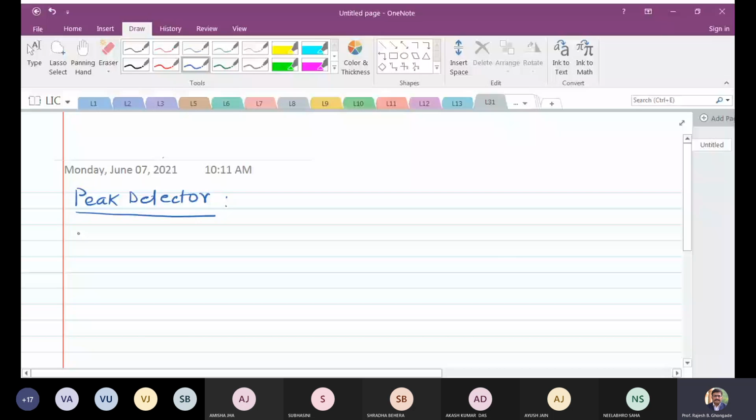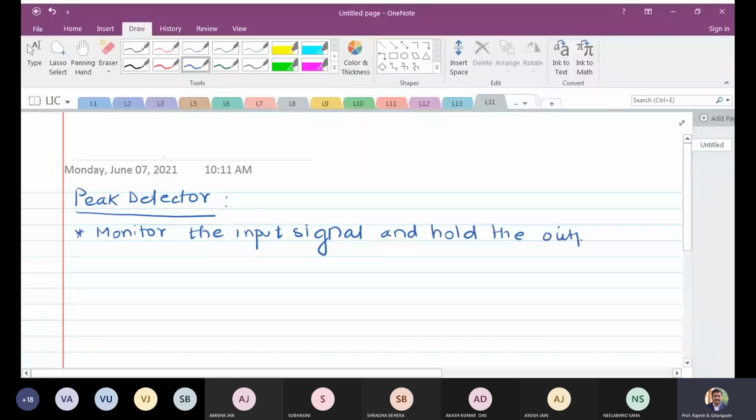It will monitor the input signal and hold the output voltage at the peak level.